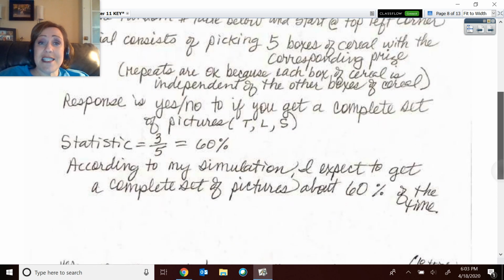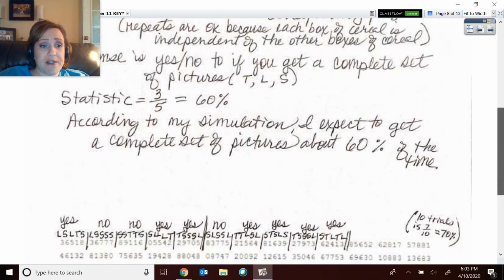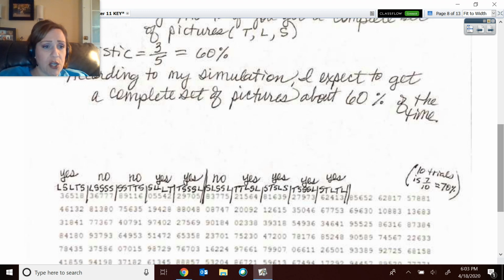All right, your response then, after you look at those 5 cereal boxes, for example, down here, I was doing my set of 5 cereal boxes, and I put an L, S, or a T above each digit to represent who the picture was that we got in that cereal box. So I looked at 5 cereal boxes, looked at 5 cereal boxes, looked at 5 cereal boxes.